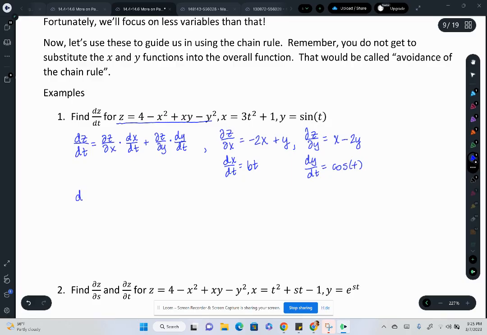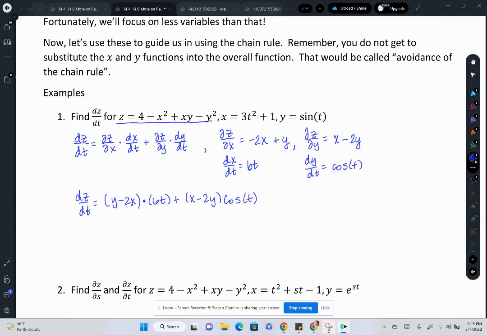All right, so now we can go ahead and pop everything in. dz dt is del z del x, so in parentheses, I'm going to rewrite that as y minus 2x, just so I like my negative sign in the second term. That's the only reason. Times dx dt, which is 6t, plus del z del y is x minus 2y, times dy dt, that's cosine of t.